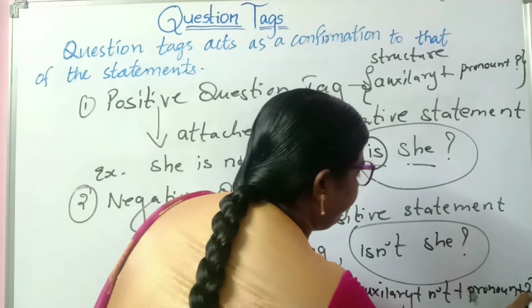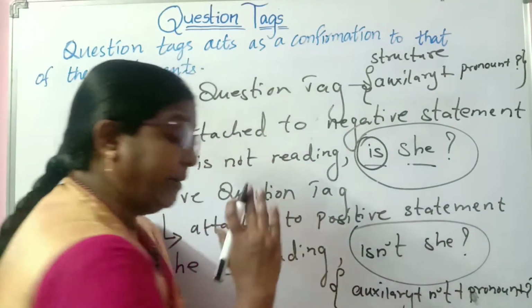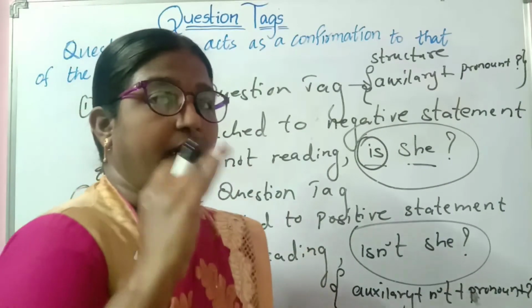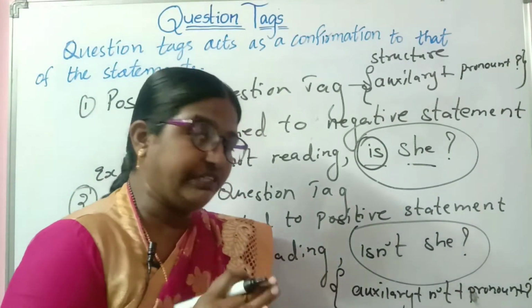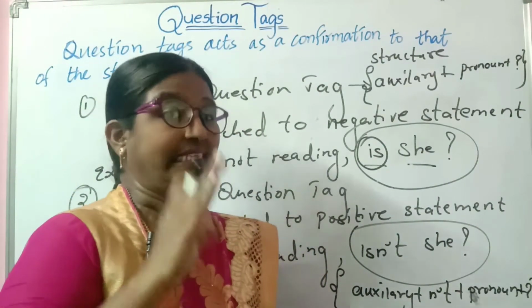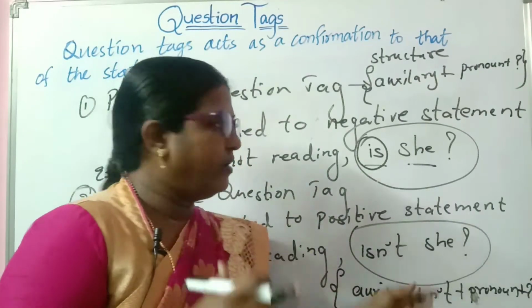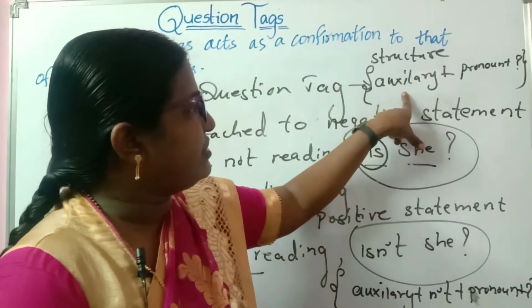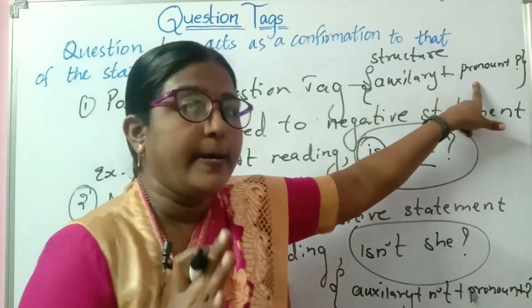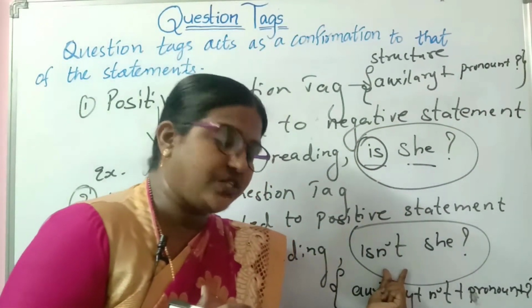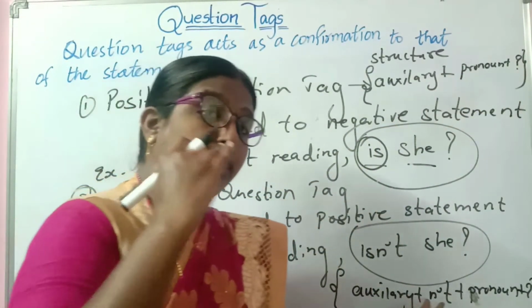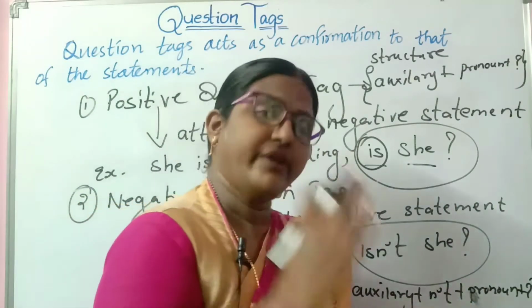Compulsorily we have to keep a question mark. So this is the structure for a negative tag. Positive structure is auxiliary plus pronoun, and a negative question tag structure is auxiliary plus not plus pronoun.